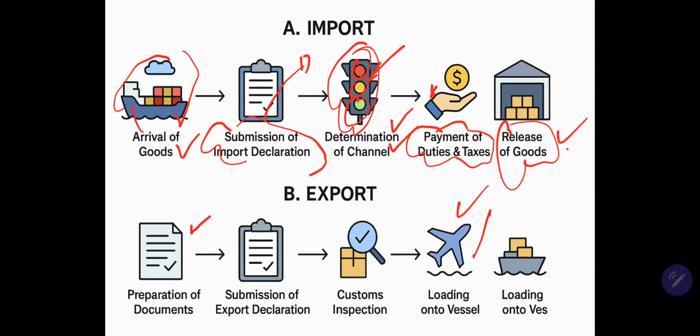The exporter or customs broker submits the export declaration to customs. The documents such as HS code, invoice value, consignee details, BL or AWB info are submitted to customs.